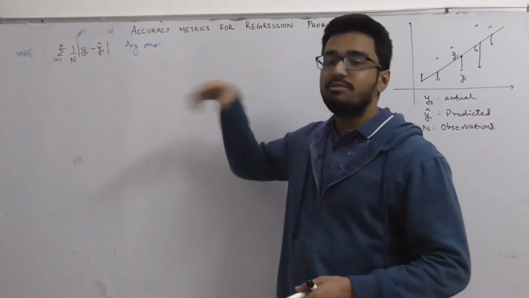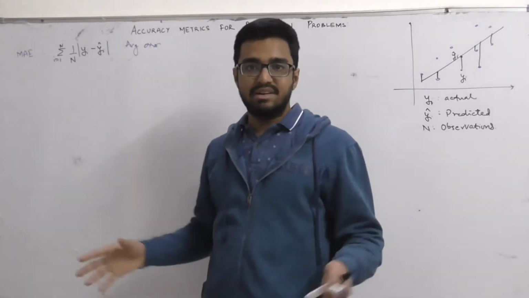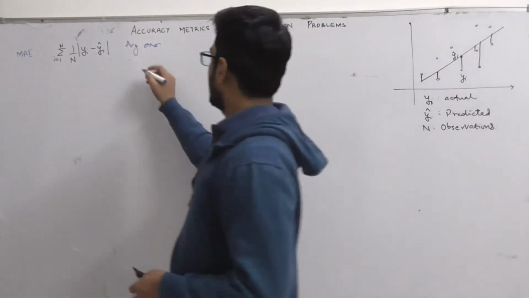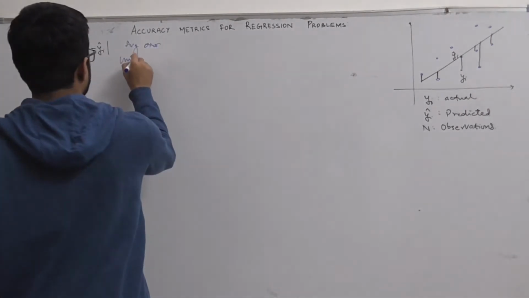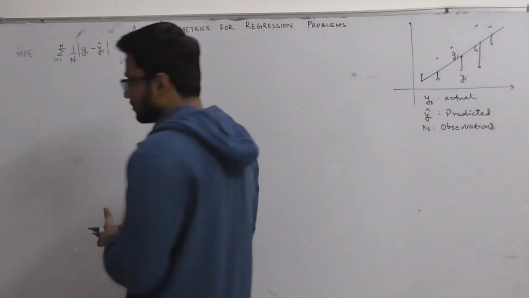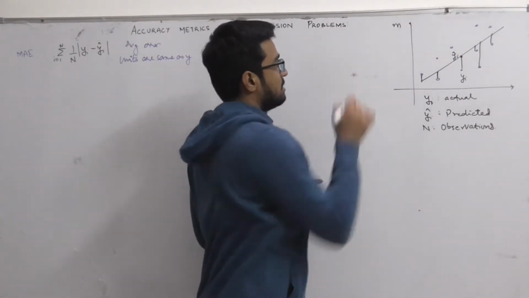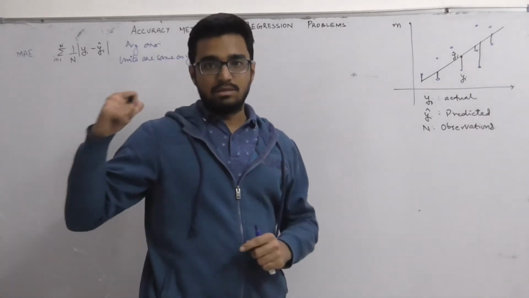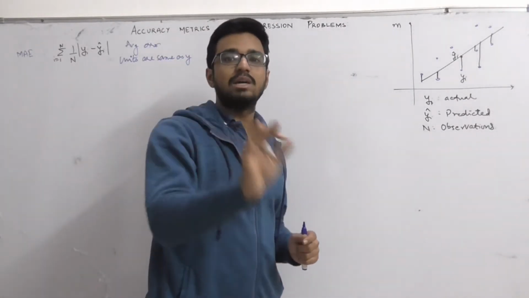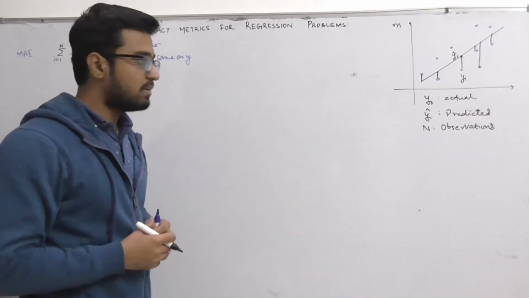We can interpret it very easily, and this is the first intuition of all the metrics we have. Secondly, units are the same as y. If the target variable y has the unit of meter, then this mean absolute error would have the same units as the target variable. So this is also one of the advantages.